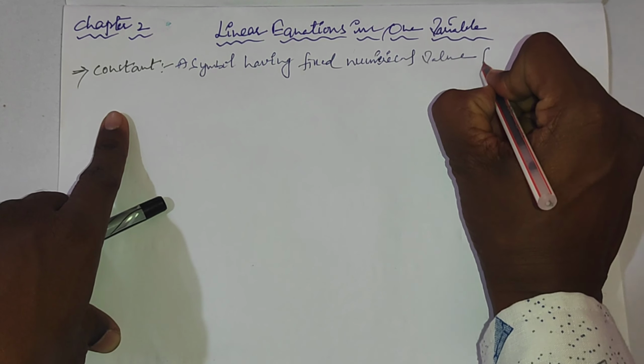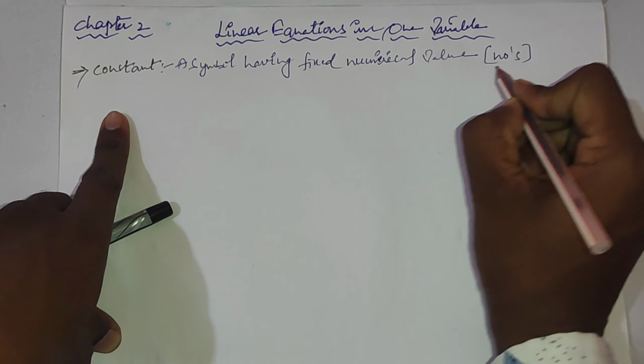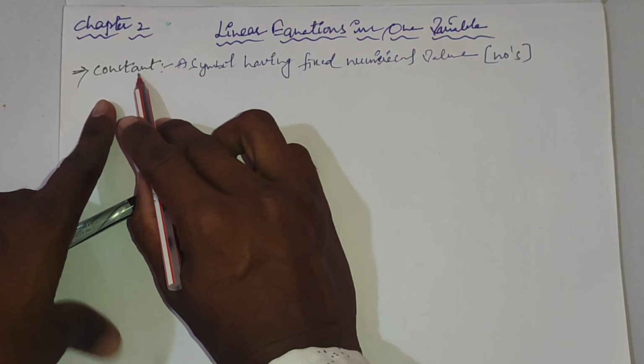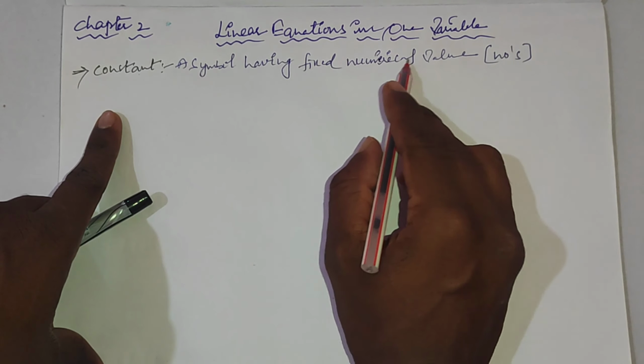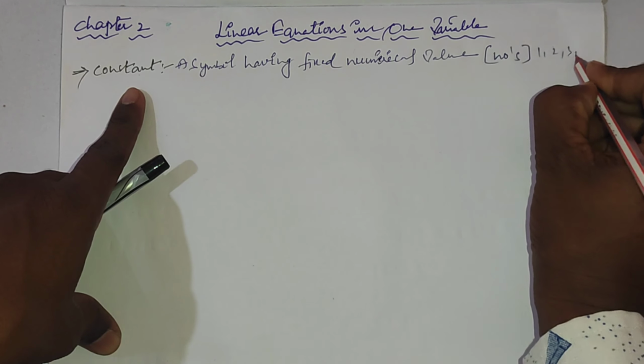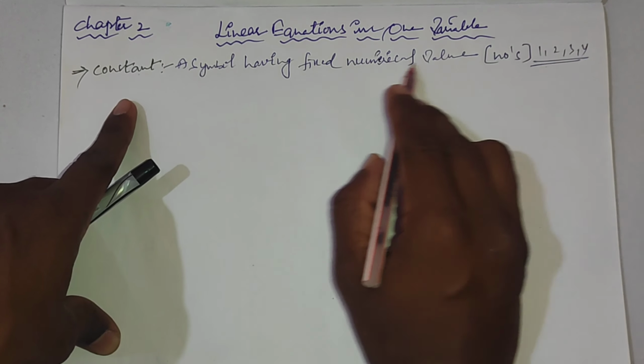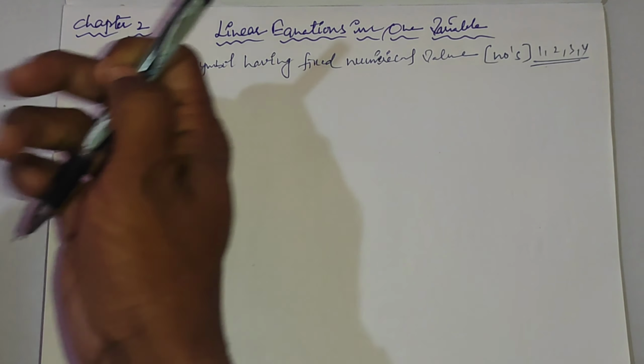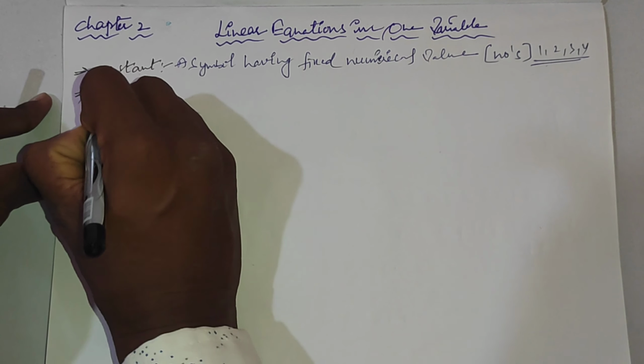So constant is nothing but numbers. Numbers indicate a constant. A symbol having a fixed numerical value is called what? A constant. Suppose 1, 2, 3, 4. All these numbers are called constants. Next important one is variable.